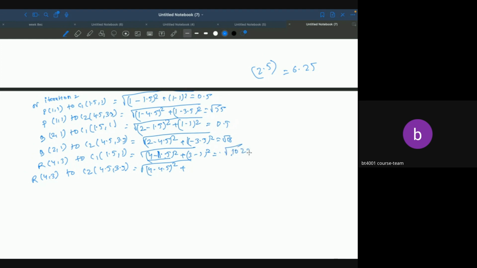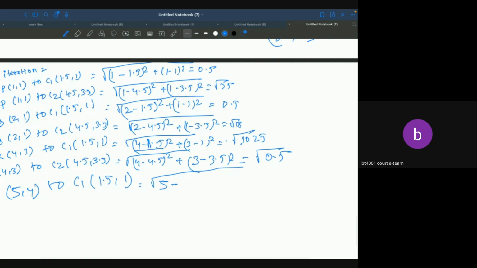Okay. Then R(4,3) to C2: 3 minus 3.5, so it will be 0.5, right? Then S(5,4) to C1 (1.5, 1), right? So it will be root of (5 minus 1.5) whole square plus (4 minus 1) whole square.